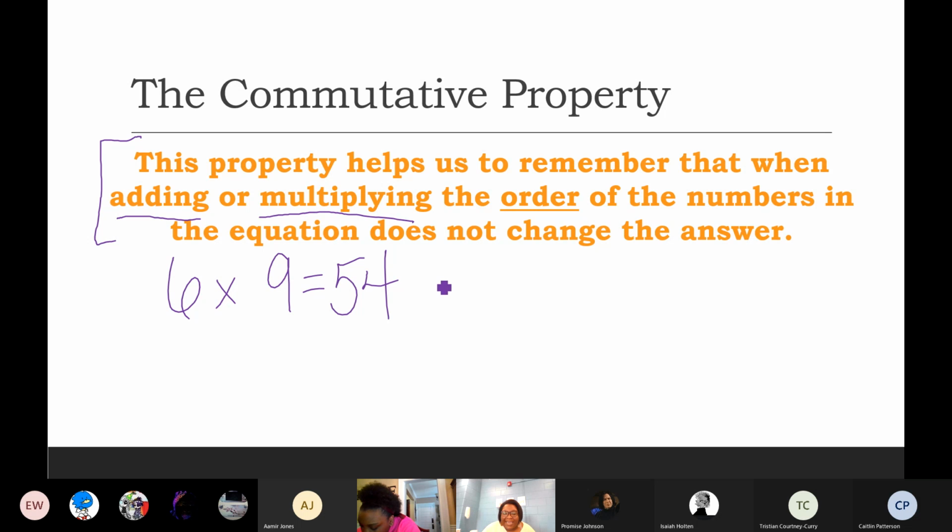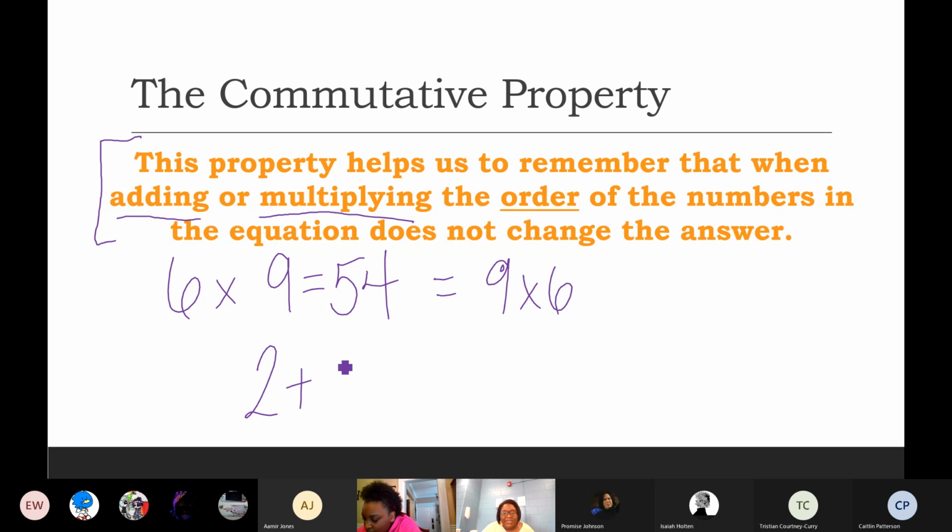That's the same thing as 9 times 6. If I change the order of the numbers in this equation, that doesn't change what my answer will be. You see what I'm saying?